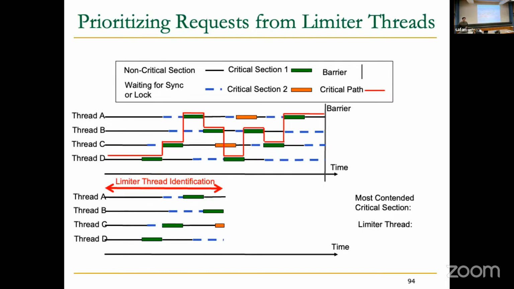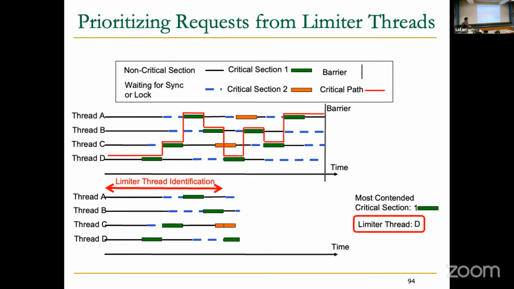You have, again, 2 stages. You're trying to profile your workload, and you're trying to identify the most contended critical section. So you spend some time on doing that, and you found that critical section 1 is the most contended one because all threads went into critical section 1. They all want to acquire the lock.